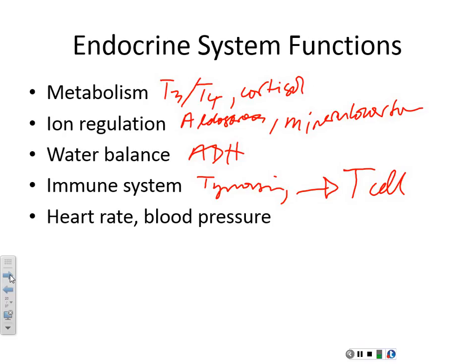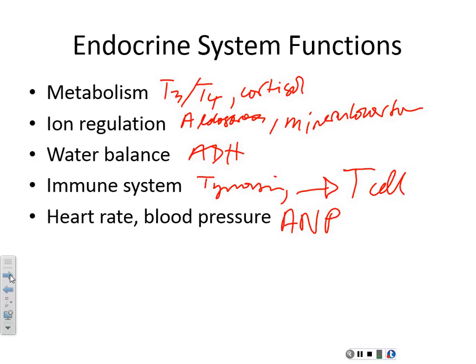Okay, so heart rate, blood pressure, again, it's all related to ion regulation and water balance. Specifically, when the atria of the heart are being stretched too much because a lot of blood is going back, because you've got high blood pressure, you've got high blood volume, the right atrium will release atrial natriuretic factor or hormone. Okay, and this goes to the kidneys. It will cause the kidneys to excrete more sodium. Natriuretic means the loss of sodium in urine.